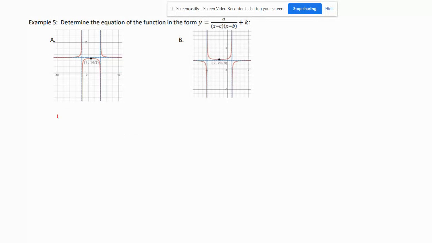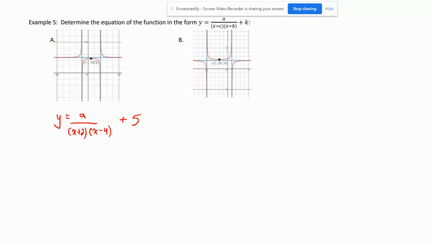So this equation is going to start like this. I do not know the a value, but I know I have an asymptote at -2. Therefore, x plus 2 is in the bottom. x minus 4 is also in the bottom. And so if we go 2, 4, my horizontal asymptote is at y equals 5 for this one here.